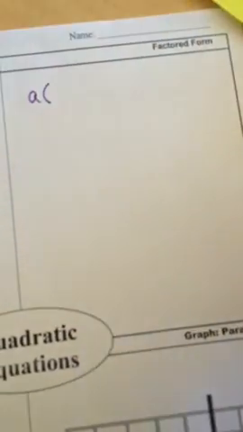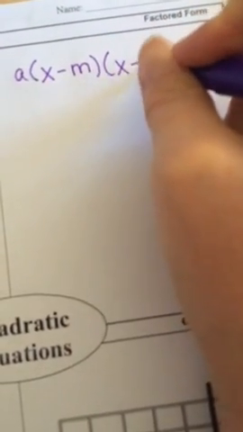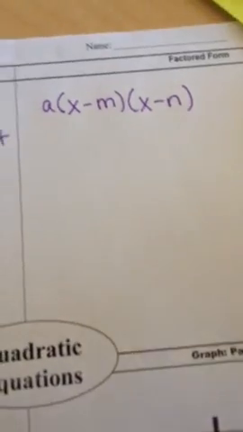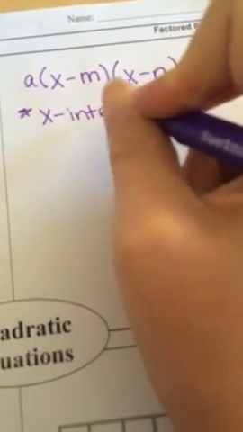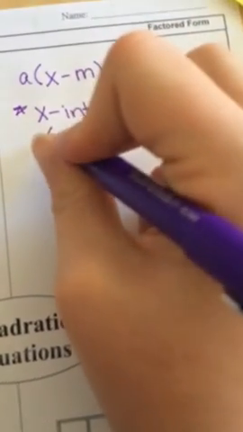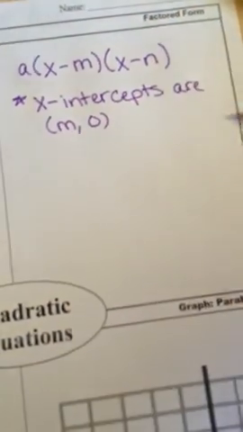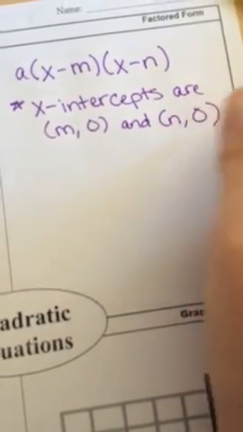Here's factored form. Factored form is going to have that a, and it's going to have (x minus m), some number, times (x minus n). And just a reminder that from factored form we find the x-intercepts. So the x-intercepts are (m, 0) and (n, 0).